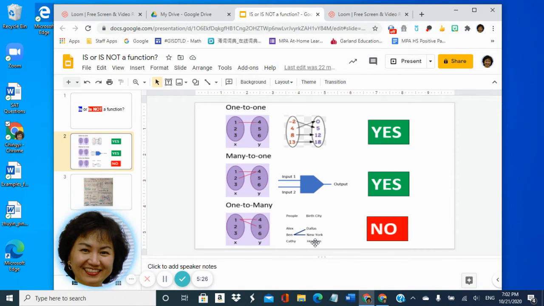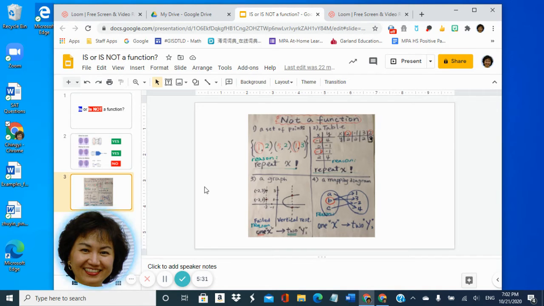Keeping those rules in mind, now we can see some more examples on this chart. We have talked about this before. These are the 4 ways we can use to represent our functions. How can we tell whether it is a function or not from each different representation?